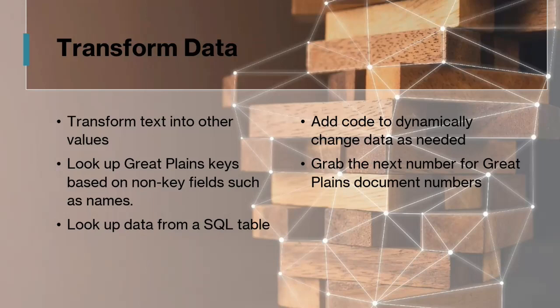So I already mentioned transforming text into other values. We can look into Great Plains or CRM or some SQL database somewhere, whether it's on-premise or if you have a connection to it out in the cloud, and you can look up data and return the field data that needs to be integrated into your application.